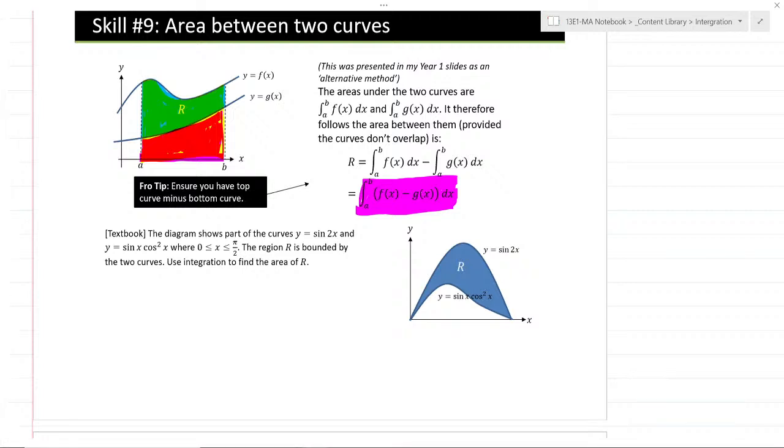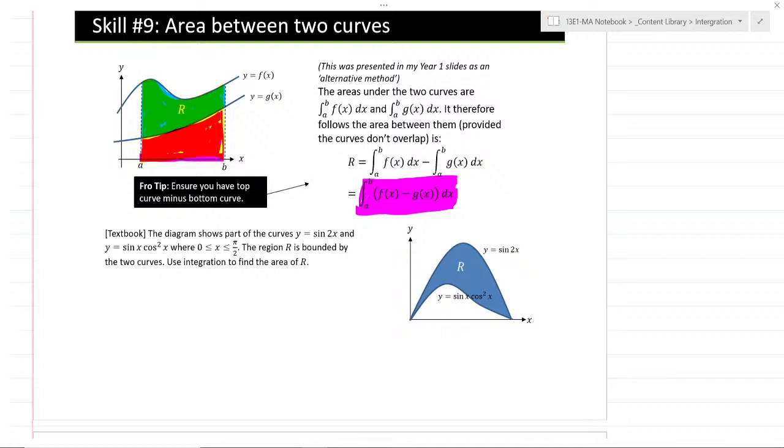It's the integral between a and b of f minus g. Does that make sense? But that's only if f of x is on top. Does that make sense to everyone? Everybody all right with that? Okay, thumbs up, thumbs down. Okay, cool.